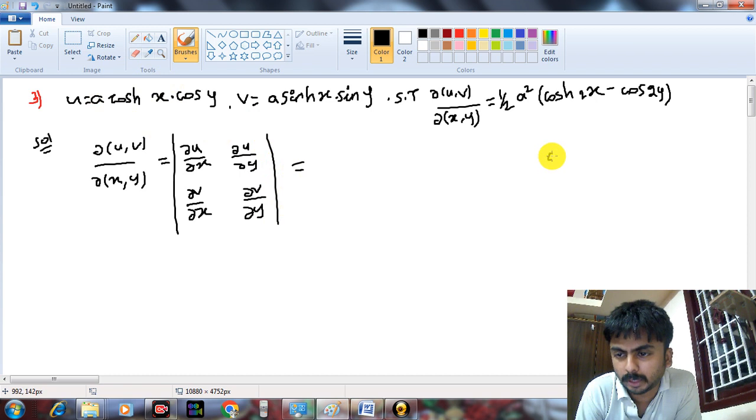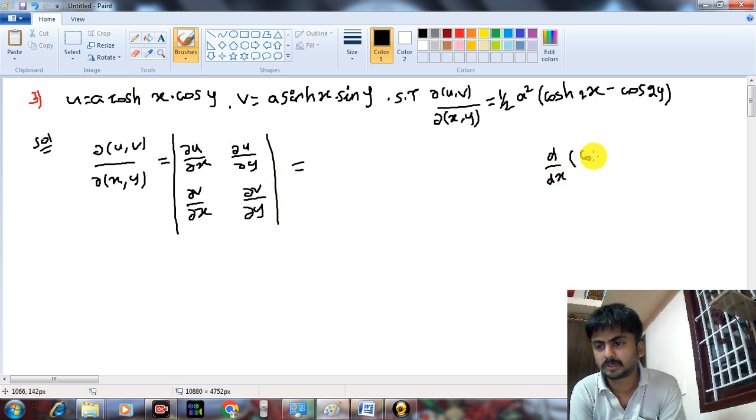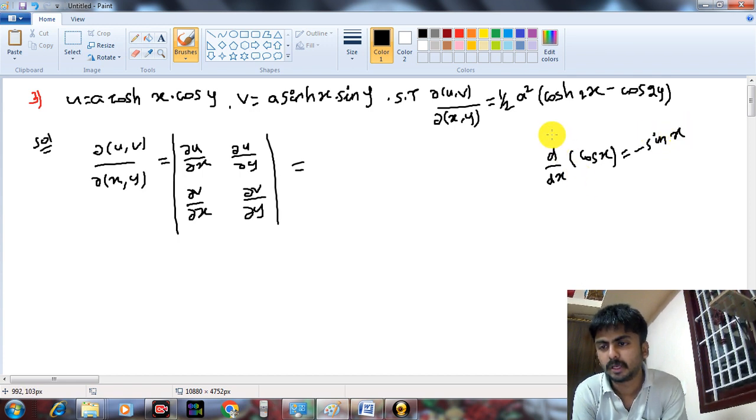Here you have to know one thing: differentiation of cos x with respect to x is minus sin x, and differentiation of sin x is cos x.